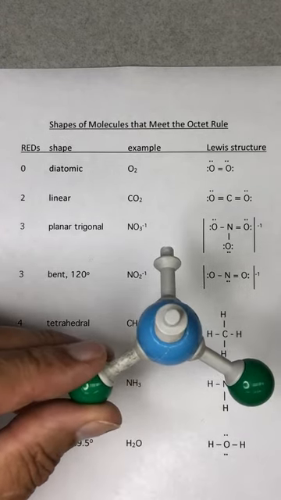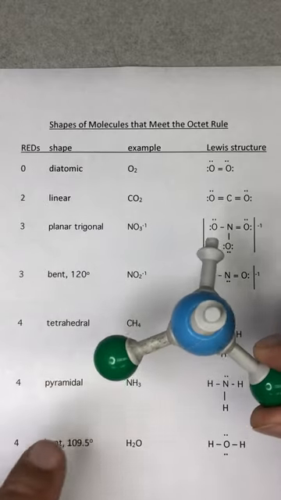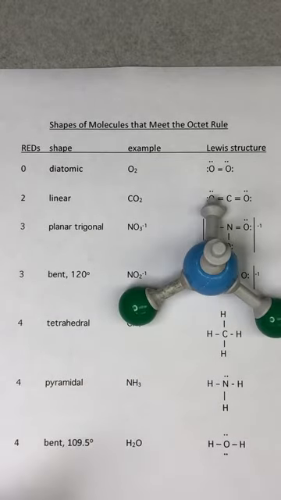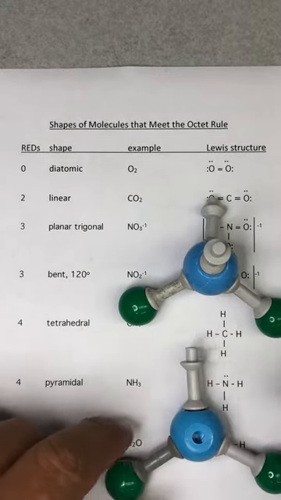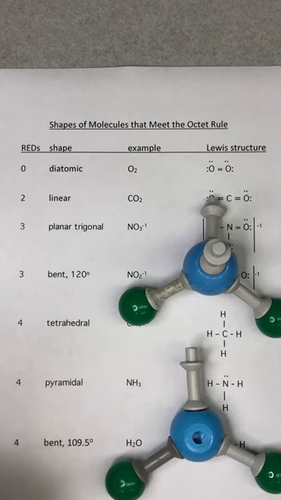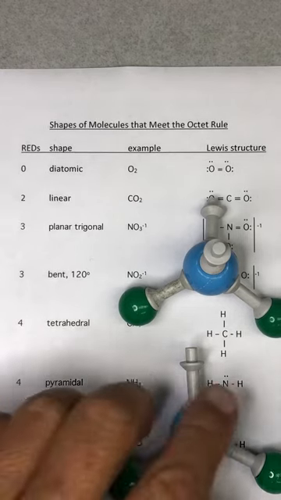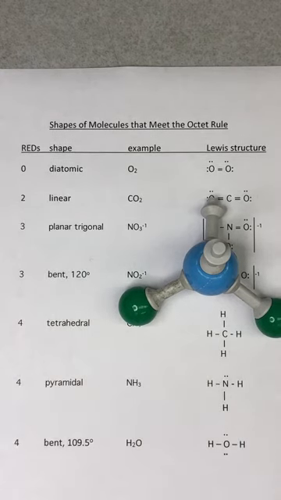So what we see is bent. However, this bent is different than this bent. Whereas this bent is 120 degrees, this bent would be 109.5 degrees.